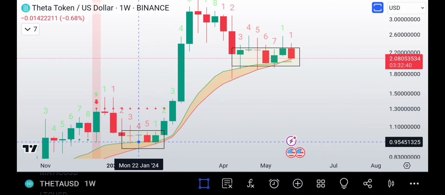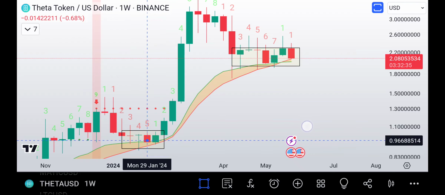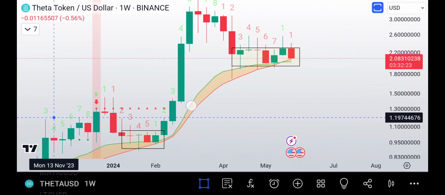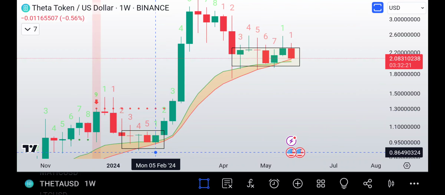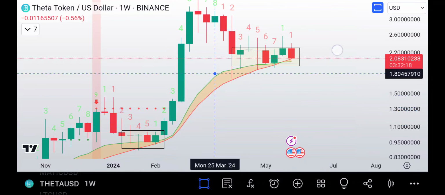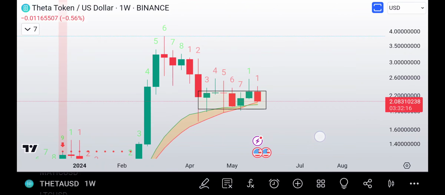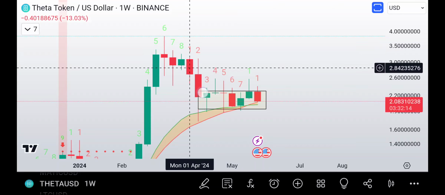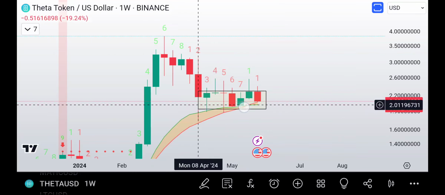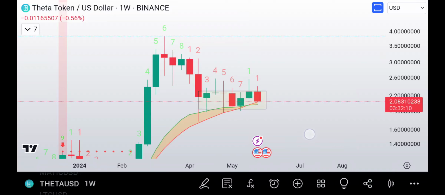Go back and watch my videos back in mid to late January, and I basically said this is pretty much the buy of a lifetime. This is a really good spot because we're back testing the bull market support band. We had an expanded flat, and it looked good. So now we're in the same situation. We also had an ABC. We're going sideways here, and we're right on the bull market support band.